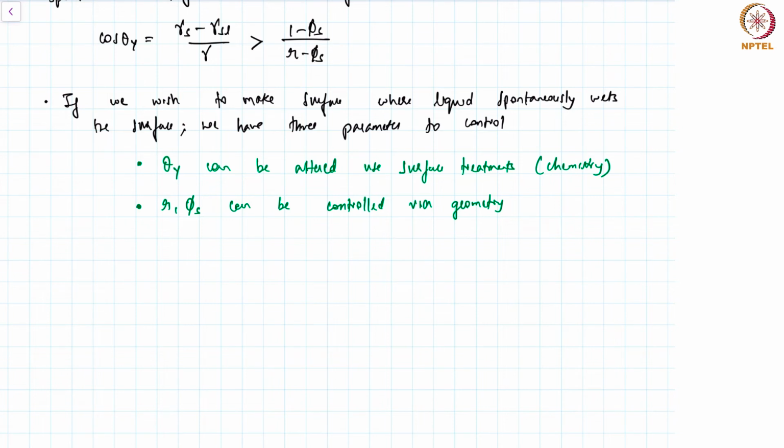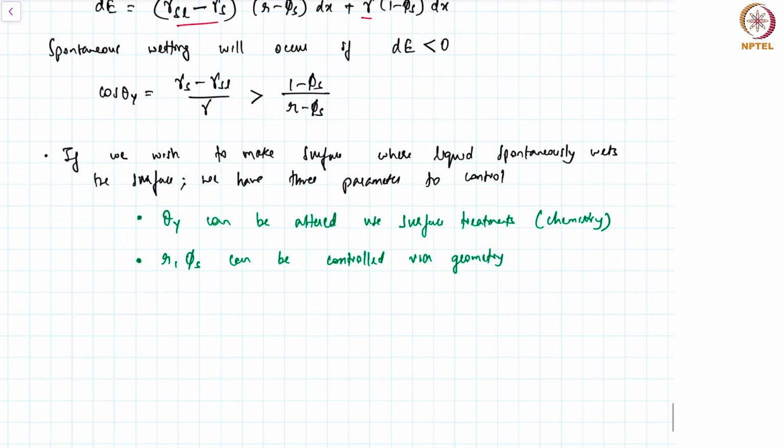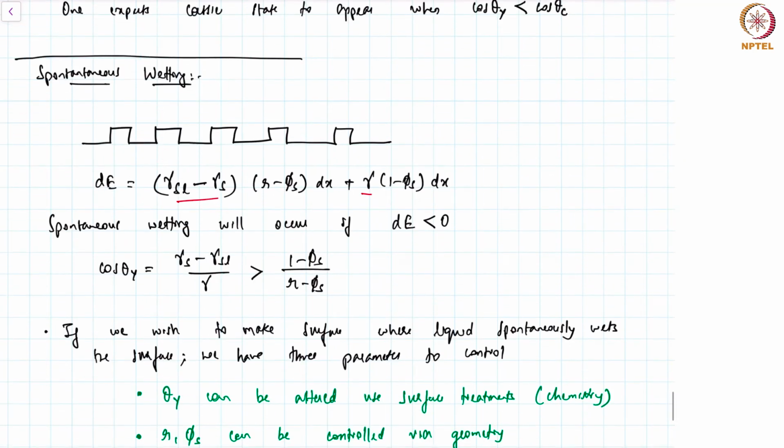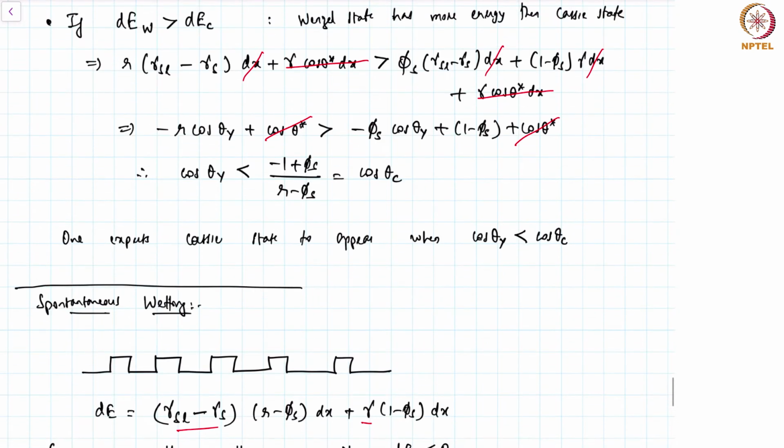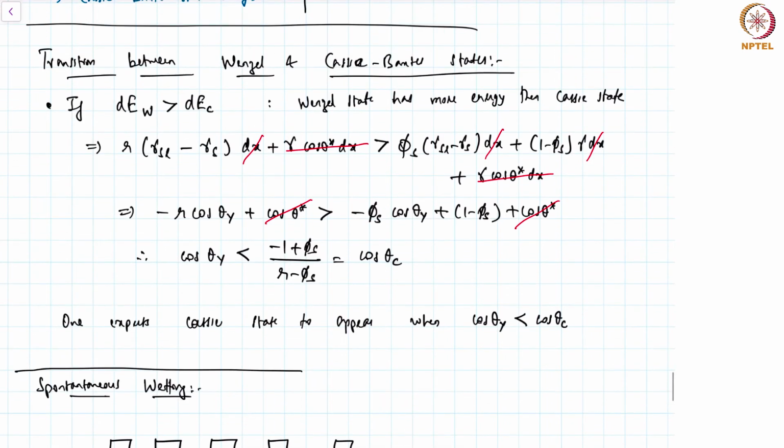Now finally, what we want to do is to come up with some kind of a transition diagram. So we have actually seen two results. If cosine of theta y exceeds 1 minus phi s by r minus phi s, then you have spontaneous wetting. And if cosine of theta y is less than minus 1 plus phi s divided by r minus phi s, then the Cassie state is preferred.